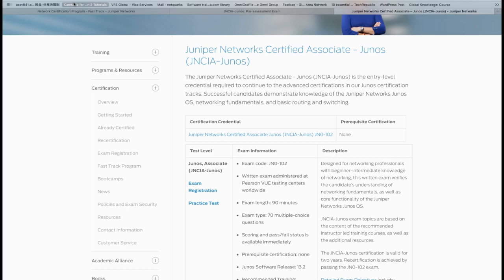It's 90 minutes, and then they start sending you multiple choice questions. I cannot tell you about the exam more than what is published, because there is an NDA and we need to respect that because of ethics. But I can tell you that Juniper exams in general are challenging in the sense of time management.